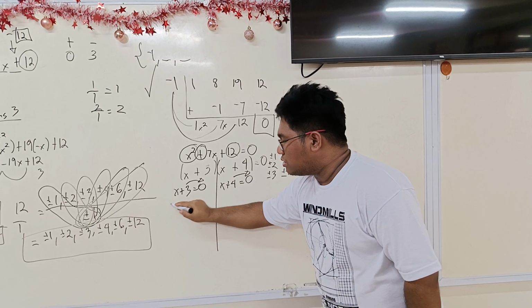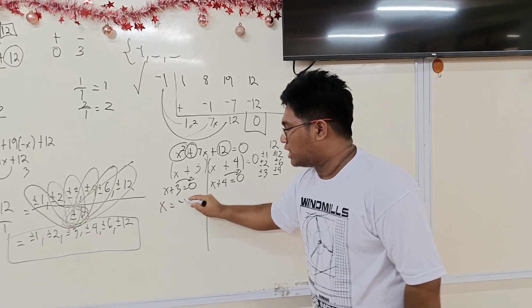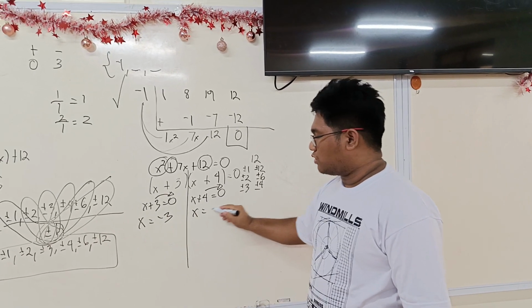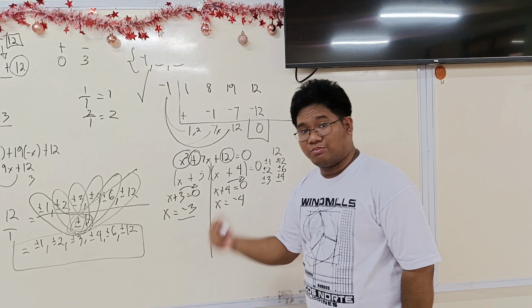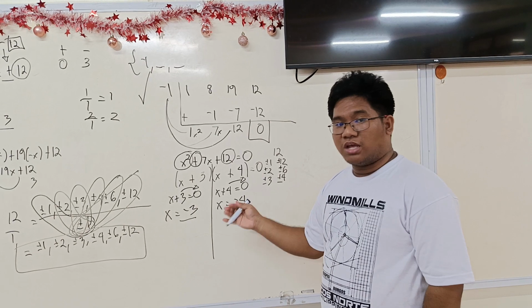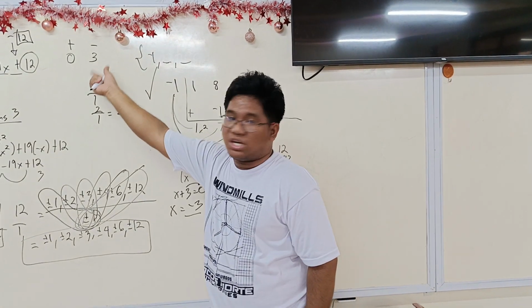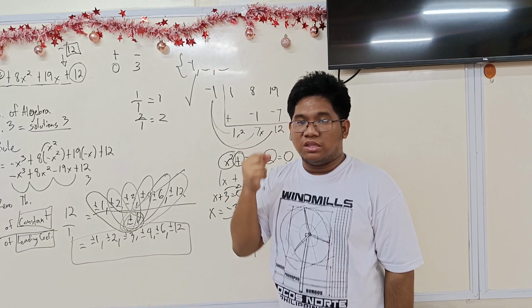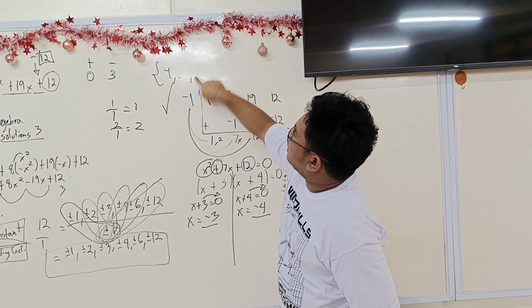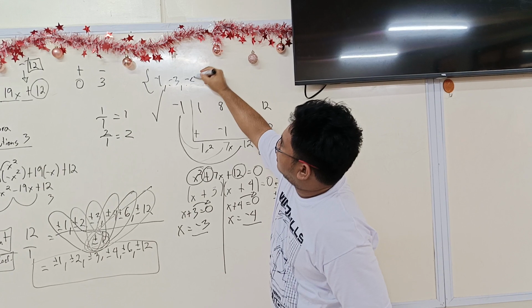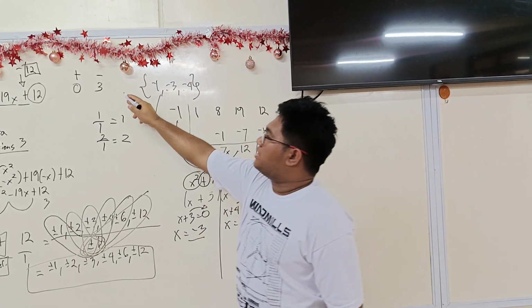By transpose, we will have x is equal to negative 3, x is equal to negative 4. Look, this is negative 3, a negative number. Negative 4, a negative number. It matches our description that our answer should be a negative number. So we will have negative 3 and negative 4. Okay? So basically, these are the answers.